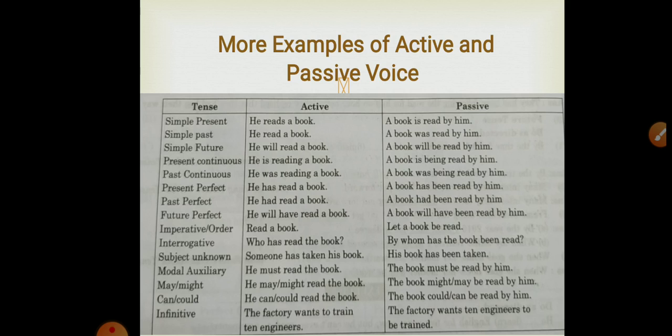So the answer is: a book is read by him. Now if the sentence is in simple past, he read a book. Read is in the simple past. A book was read by him.